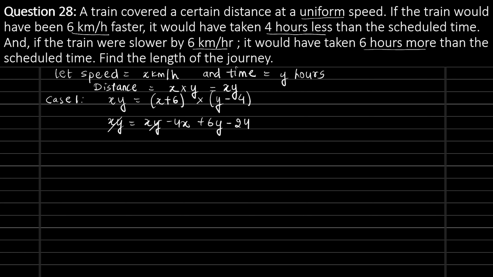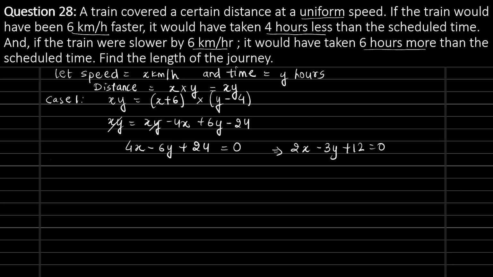Therefore we will obtain 4x minus 6y plus 24 equal to 0. We can simplify it by 2. Therefore we will obtain 2x minus 3y plus 12 equal to 0. This is the first equation that we obtained.